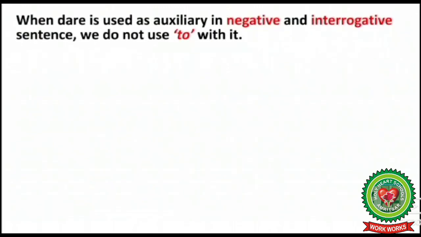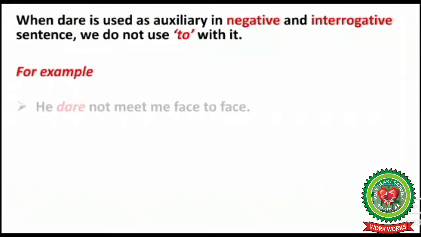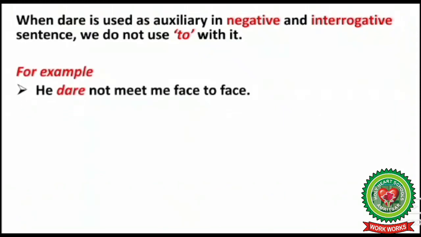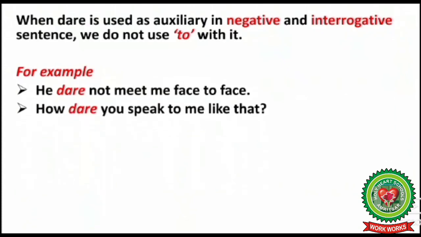When dare is used as an auxiliary in negative and interrogative sentences, we do not use to with it. For example, he dare not meet me face to face. How dare you speak to me like that?